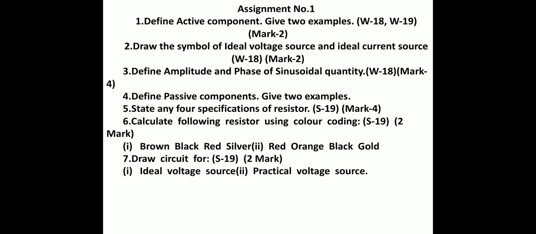Third, define amplitude and phase of a sinusoidal quantity. Fourth question, define passive component and give 2 examples. Fifth question, state the specification of a resistor. Sixth question, calculate the following resistors using color coding: the color code is given, find the value of the resistor by using the color coding table.